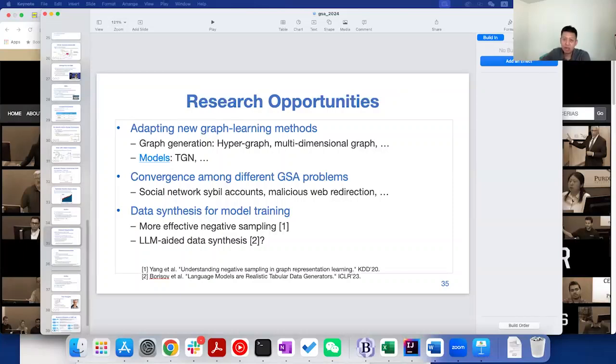Then regarding prediction of the future snapshots: when we have the data, we slice it into snapshots.